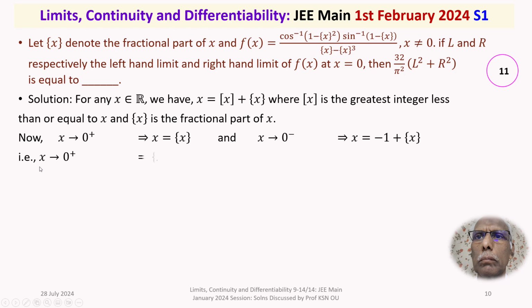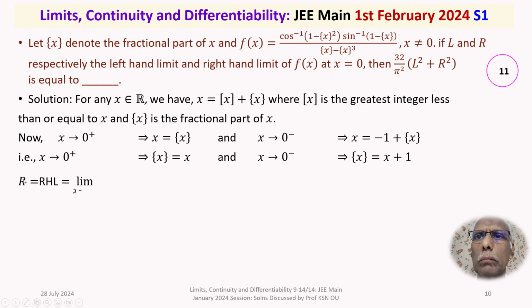So, as x tends to 0 plus, {x} is x only. As x tends to 0 minus, {x} is x plus 1. So, we are ready now to compute the left hand limit and right hand limit of f(x) at x equal to 0.